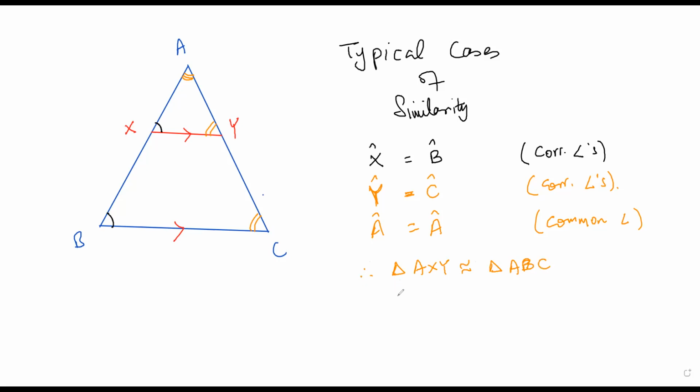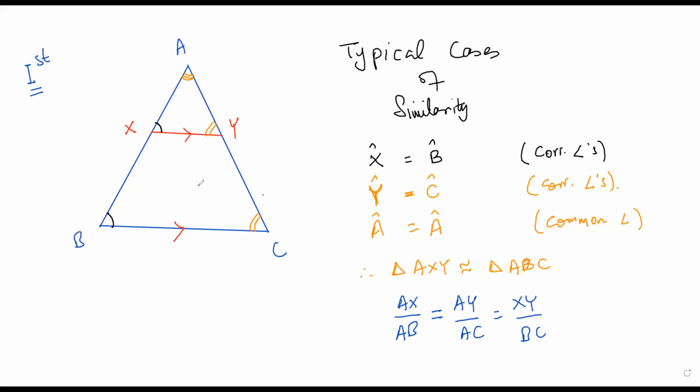And once you know that these two triangles are similar, then you can say that AX from the smaller triangle and AB from the bigger triangle, the ratio between these sides is going to be the same as AY over AC, and that is going to be the same as XY over BC. So that is the very first typical case of similarity.